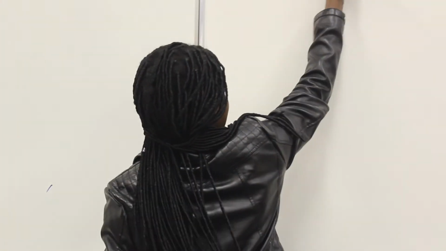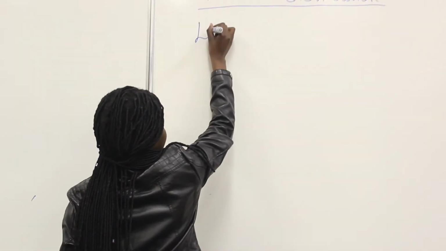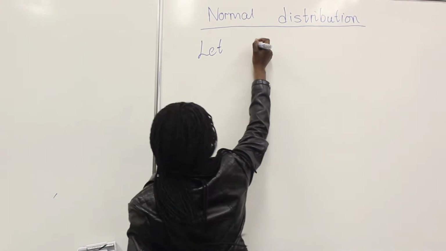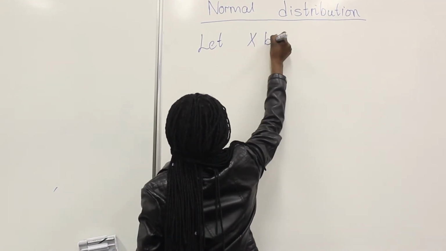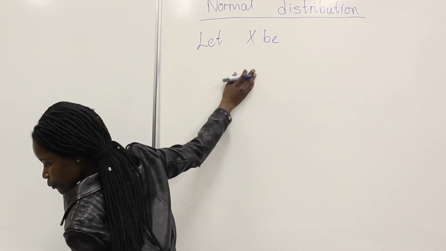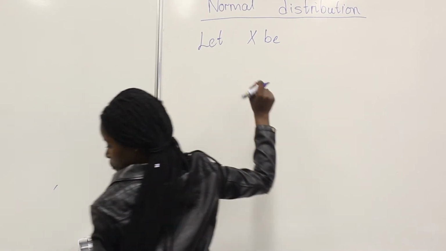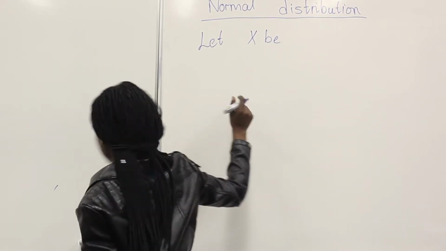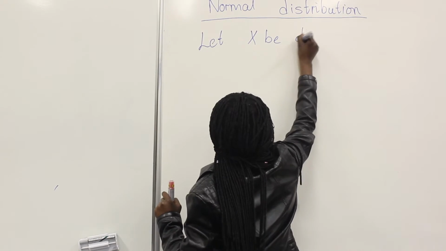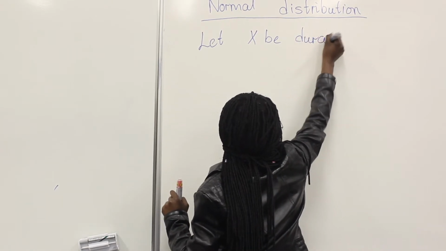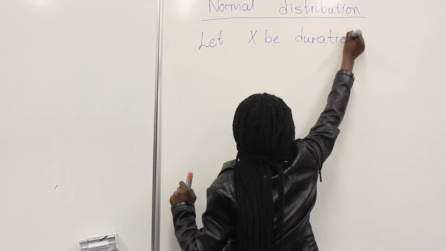So to start with, we have to state our distribution before we even go to the question. That way you earn 3 marks just from writing what's on the question. So I'm going to state the distribution. Let x be the duration, as the question states.